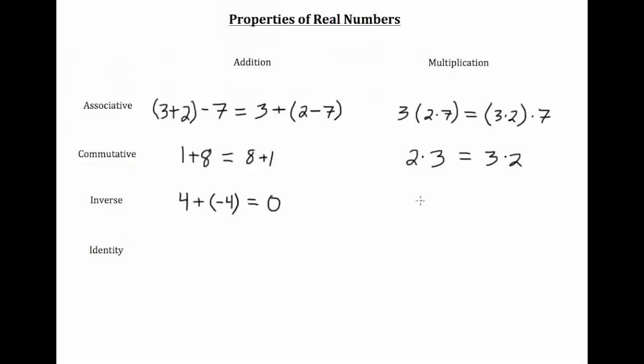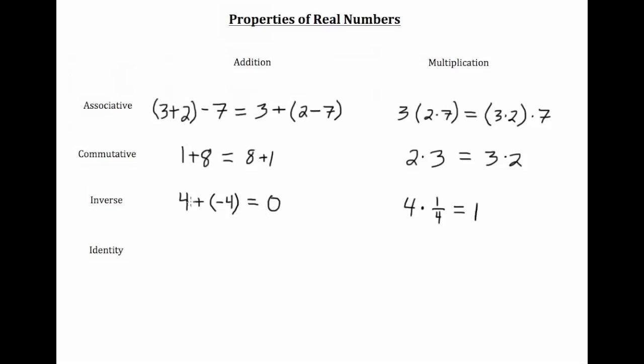Now with multiplication, it's slightly different, but it's a similar idea. If we had 4 and then multiplied it by its multiplicative inverse, that would be 1/4. So if we do 4 times 1/4, we'll get 1.